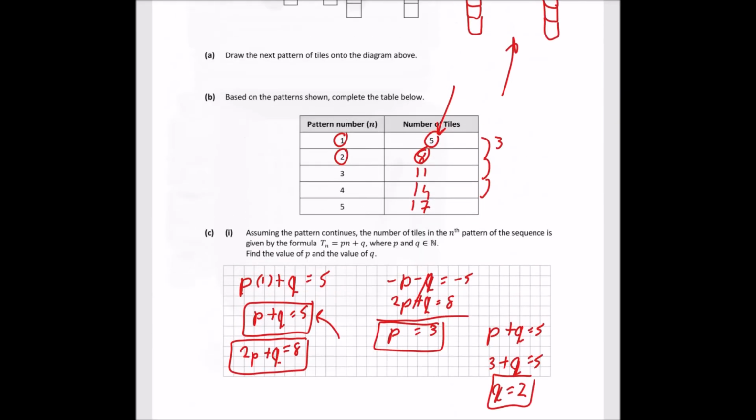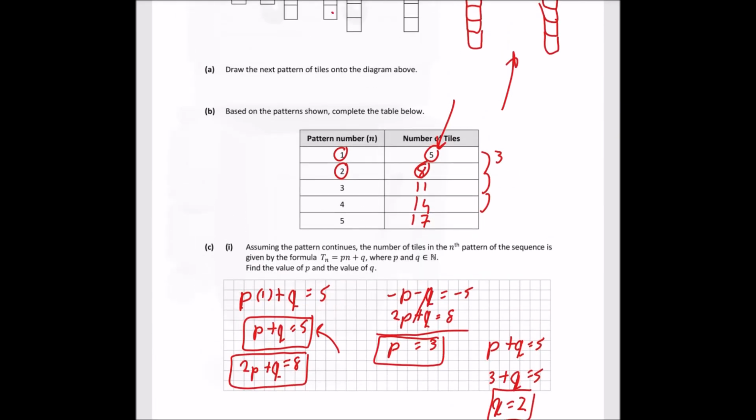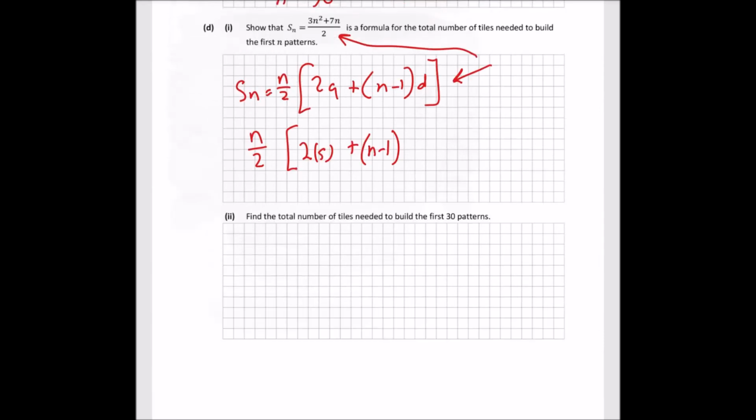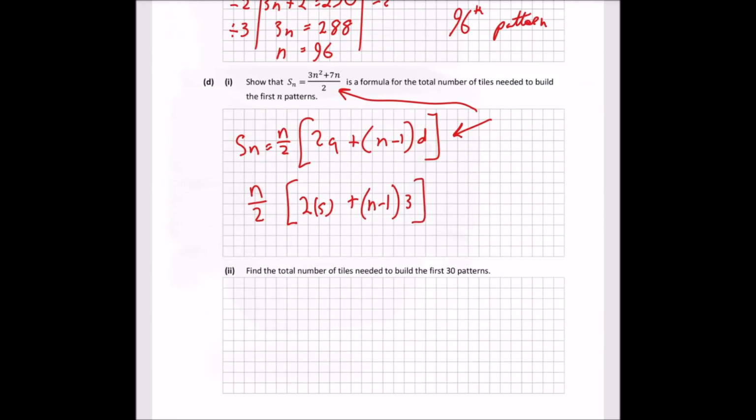And then the common difference is, well, 5 to 8 is 3, 8 to 11 is 3, 11 to 14 is 3. So the common difference is 3. So n over 2, 2 fives are 10, plus 3 multiplied by n is 3n, and 3 multiplied by minus 1 is minus 3.